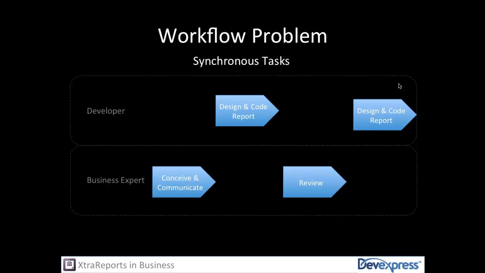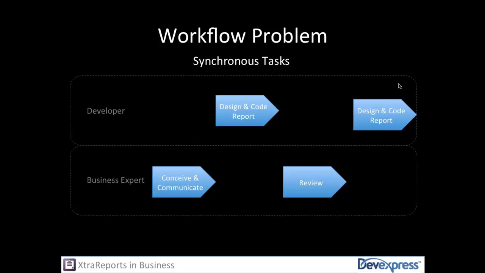Really we've got two separate tasks going on. If we look at the typical workflow, it's synchronous. The business expert conceives a report idea. It's a business need that someone needs something spit out for. The business expert is in charge of what that requirement is, and then they communicate that to the developer.